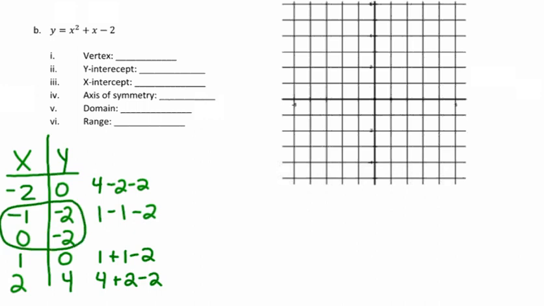My vertex is going to exist, axis of symmetry and vertex for x value will exist in between -1 and 0, which is going to be -0.5. Again, we can check that. -1 plus 0 divided by 2 is really just -1/2 or -0.5.